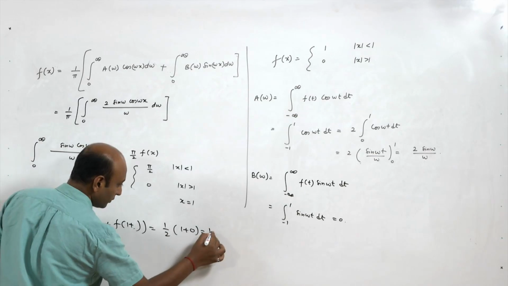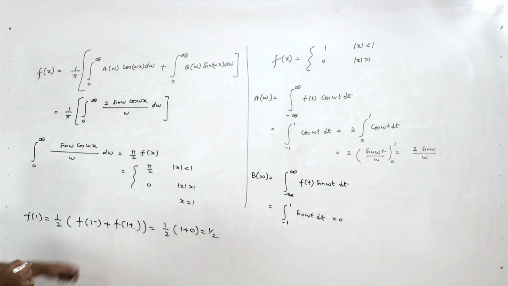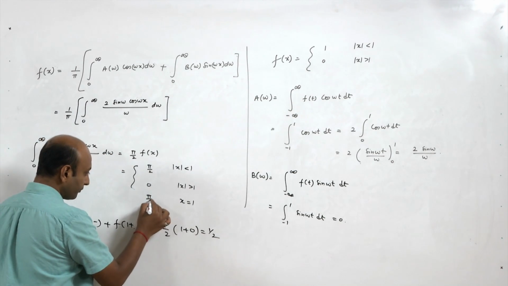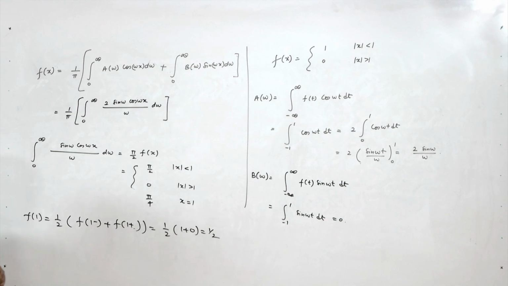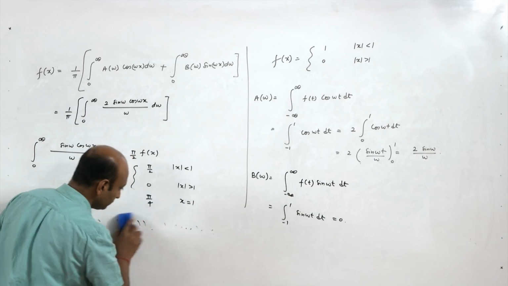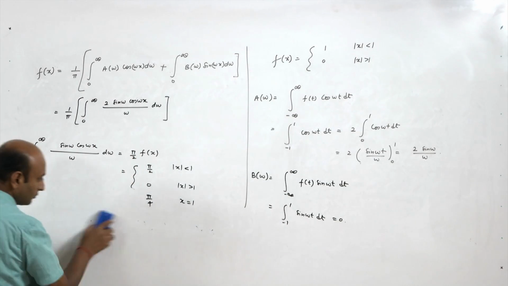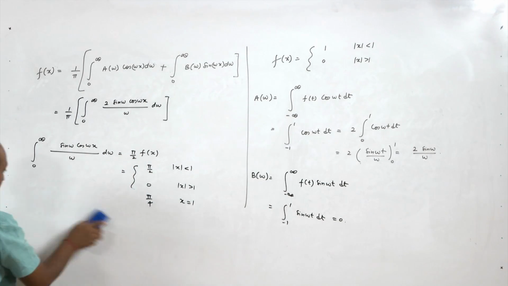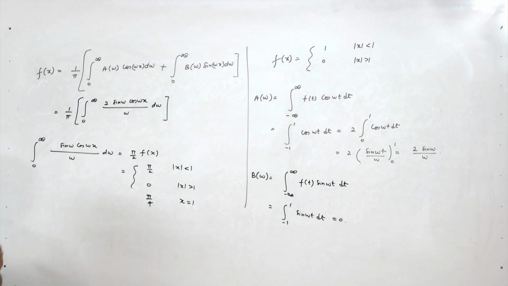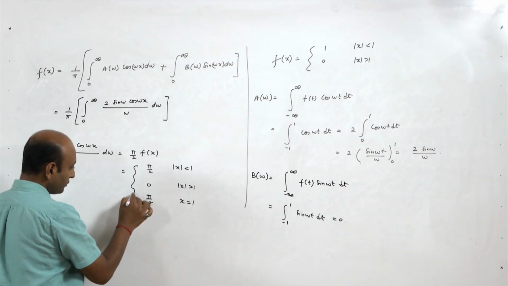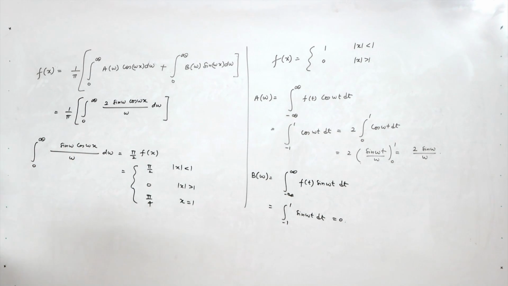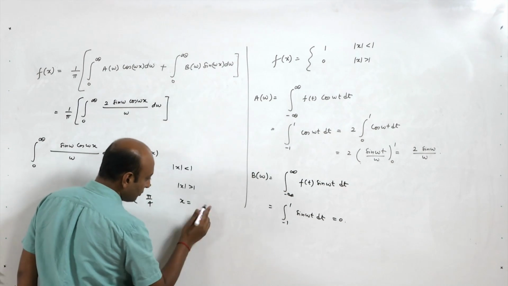So that is 1 by 2, and you have to multiply pi by 2 also. So that will be pi by 4. Okay. So in this way you can find out the value. The same you can find out when x equals minus 1 also. When x equals minus 1, we have the same value, that is, when x equals plus or minus 1.